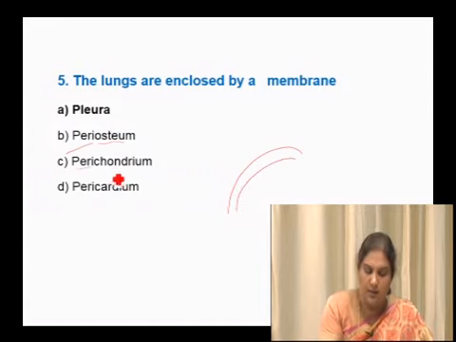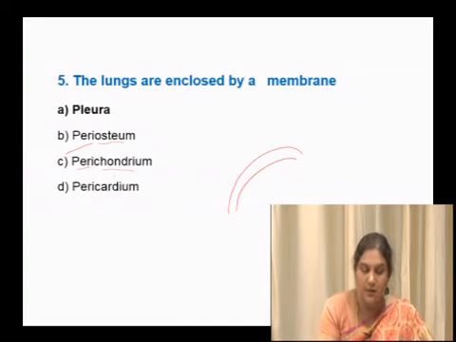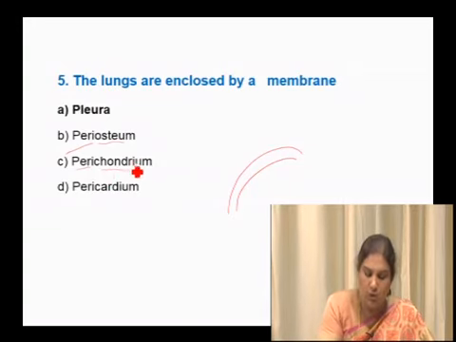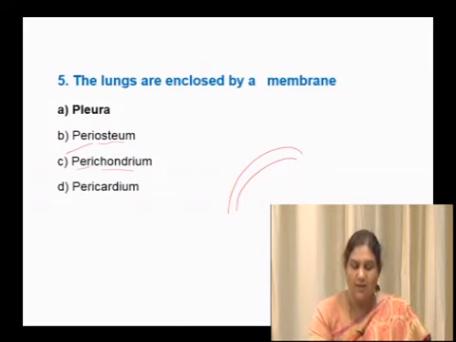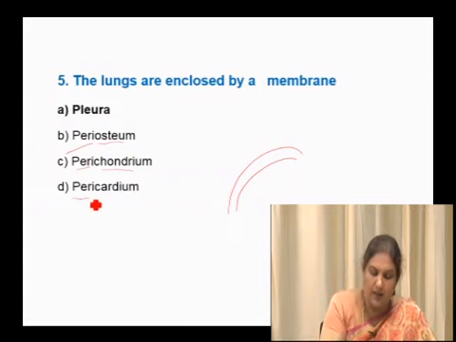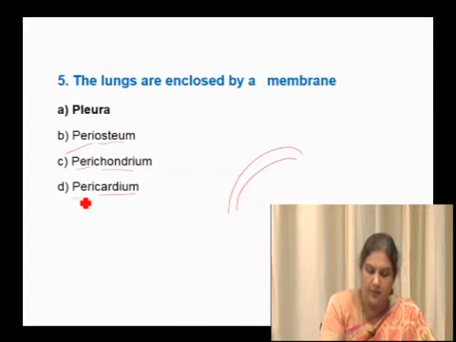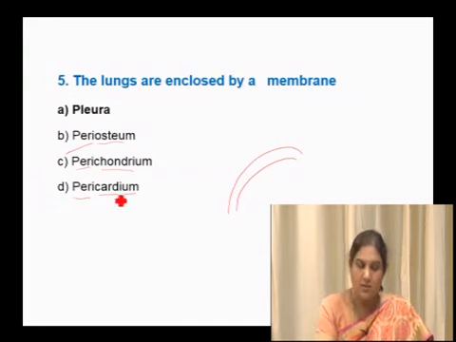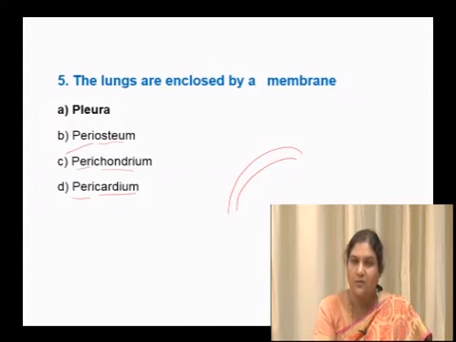Chondro is nothing but cartilage. Perichondrium is the white fibrous connective tissue that surrounds the cartilage. Pericardium: peri is boundary, and wherever we come across the word cardia, it is heart. So, it is the protective connective covering of the heart.